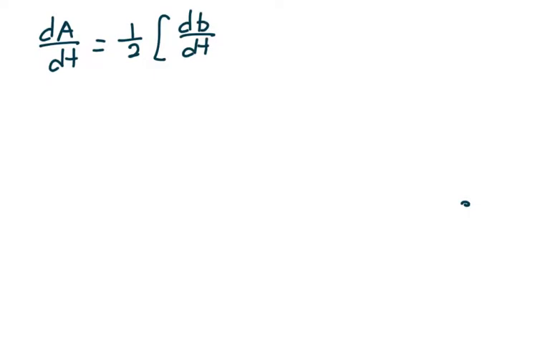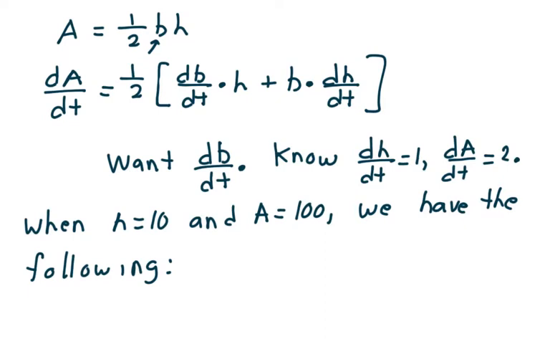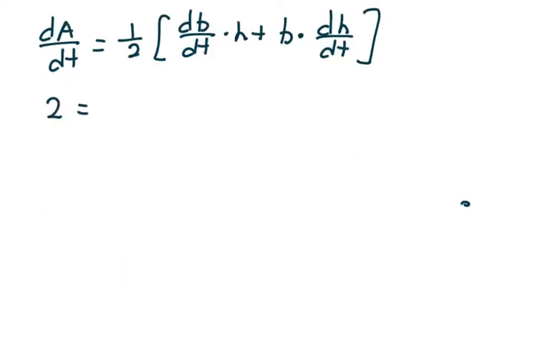So let's go ahead and rewrite this. dA dt is 1/2 of dB dt times h plus b times dH dt. So I'm going to look back. dA dt is equal to 2. So I'm going to write a 2. And I'm going to go 1/2 times. I want the derivative of b with respect to time, or dB dt.